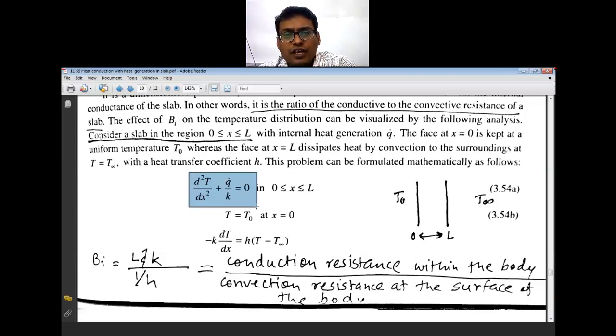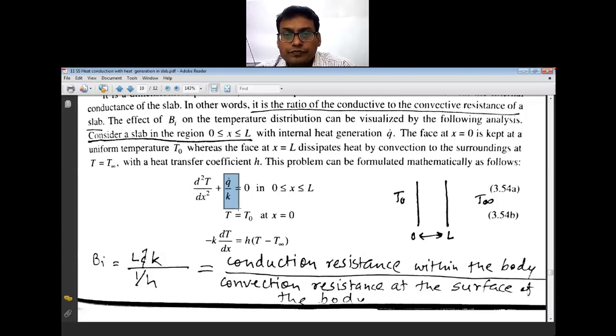It will come as d2T upon dx square. Then the steady state term, dT upon dt, becomes equal to 0. The remaining term will be the generation term, q dot upon k.